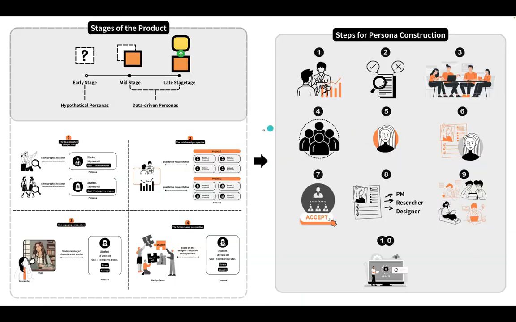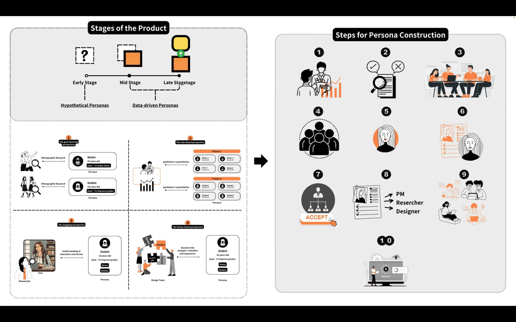We can outline target users using 4 perspectives corresponding to different product stages. First, determine the current product stage to choose the appropriate persona perspective. In the early stages, fictional characters help sketch out target users.